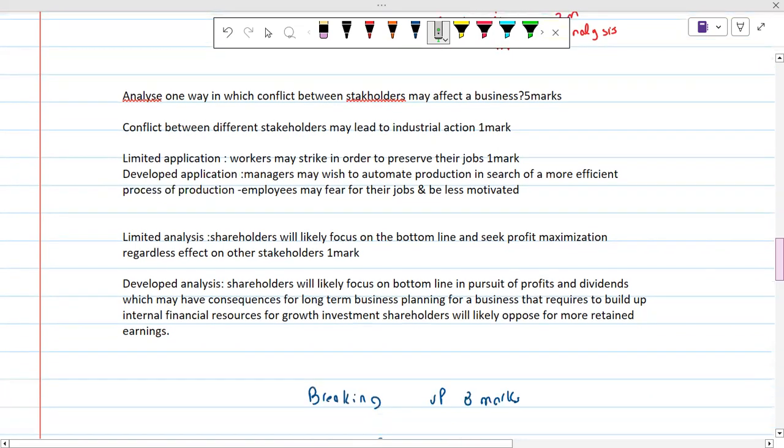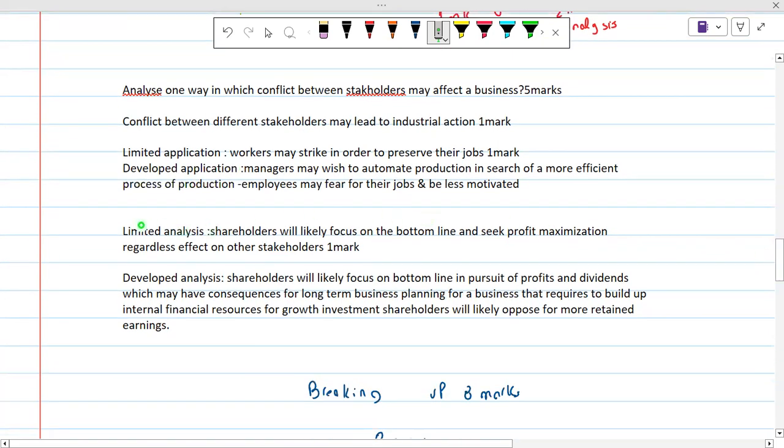So now moving forward to the limited analysis. You have to write a developed analysis in order to get the 2 marks. So here you can see the limited analysis. Shareholders will likely focus on the bottom line and seek profit maximization regardless of the effect on other stakeholders. Now again, you can see that we are not getting a clear effect of this conflict.